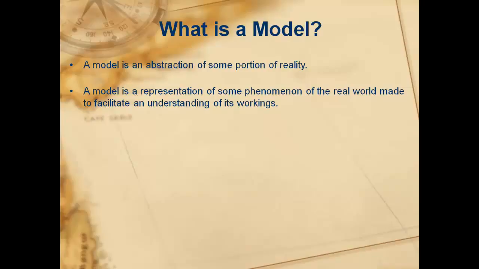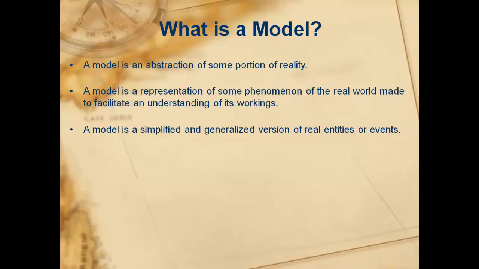But there's one that I kind of like, and it's this one. A model is a simplified and generalized version of real entities or events. So think of that. A model is a simplification. It's a generalization of reality. So you can think about it as taking a piece of reality. It's the piece that you're concerned with and focusing upon that piece.